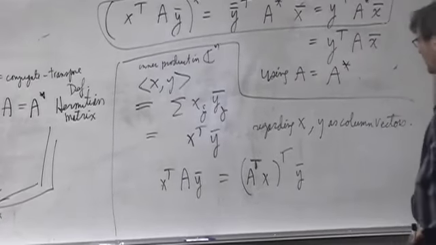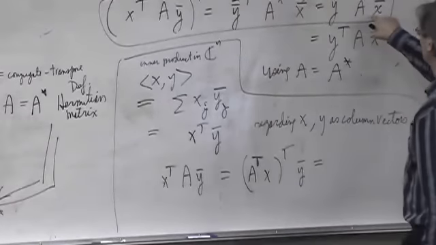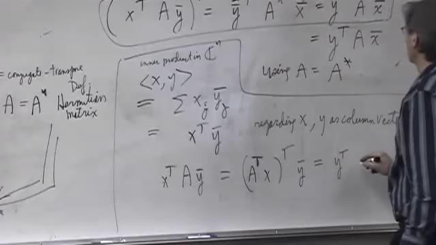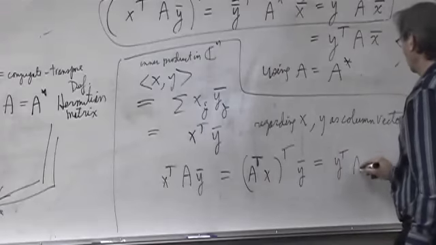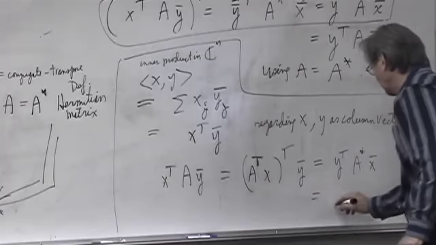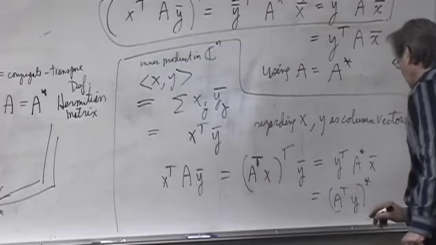Okay. And if I rewrite that, then that is equal to y transpose A star x, which can be written as A transpose y star.